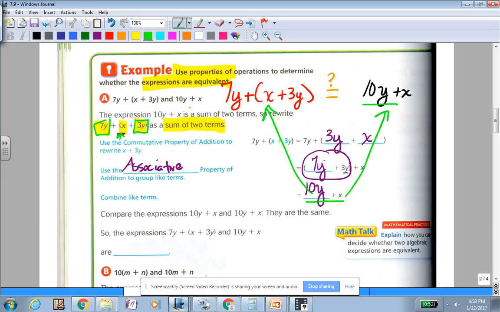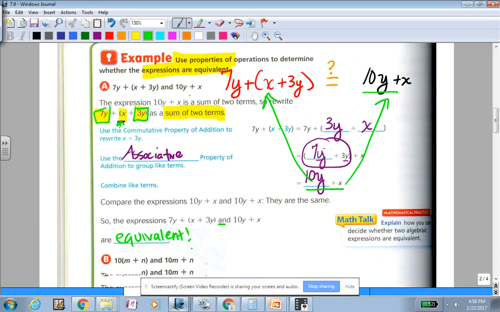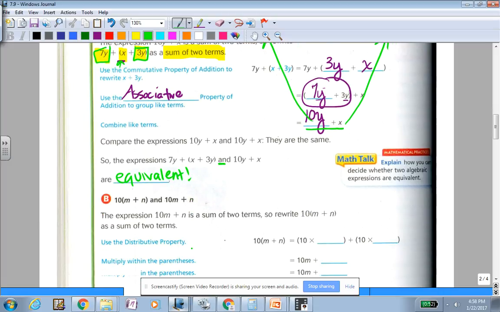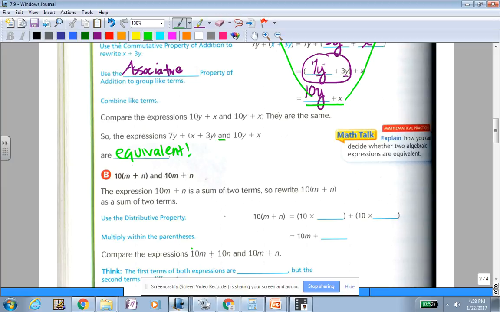So the expressions 7y plus the sum of x and 3y and 10y plus x are equivalent. The last example, take a look at it for a moment. See if you can think about what logical reasoning I could use right now.